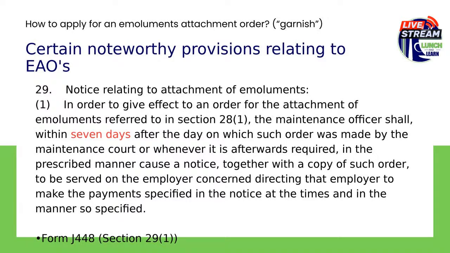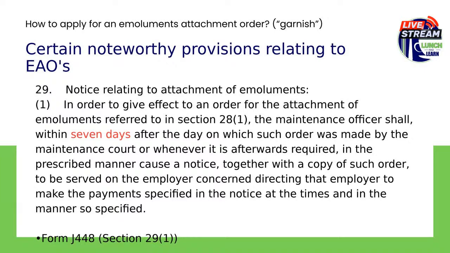Other noteworthy provisions regarding emolument attachment orders, and I'm referring to section 29, where it says that in order to give effect to an order for the attachment of emoluments referred to in section 21.8 or 28.1 of the Act, a maintenance officer shall. Now, this is not must or what, or they have a discretion.